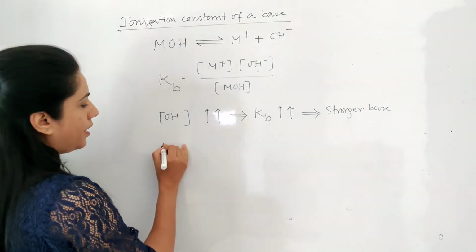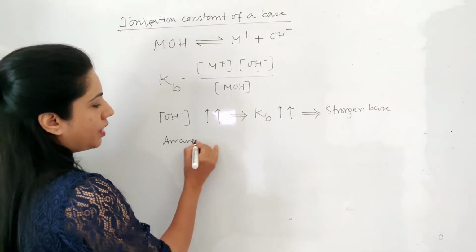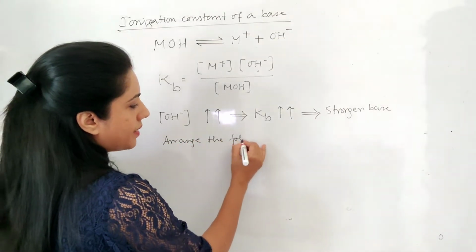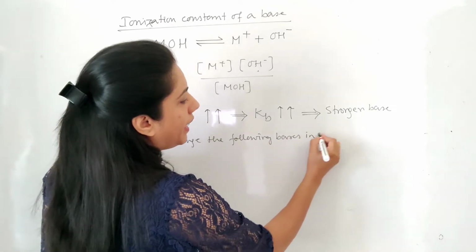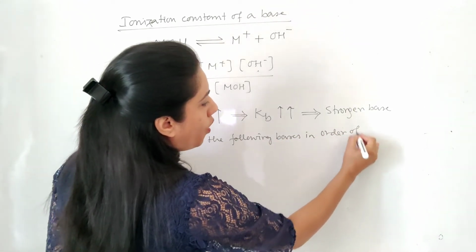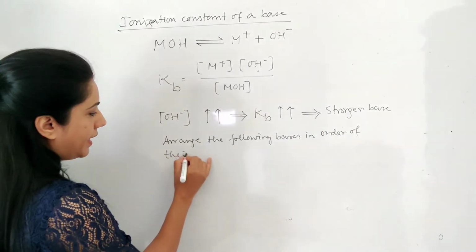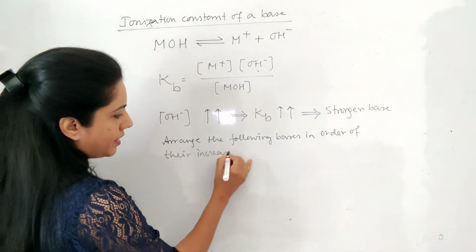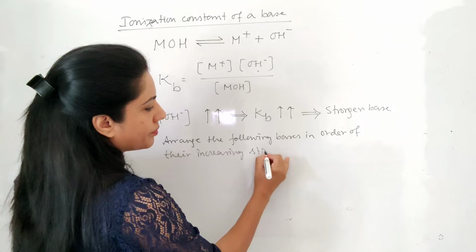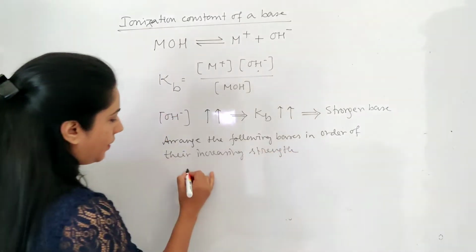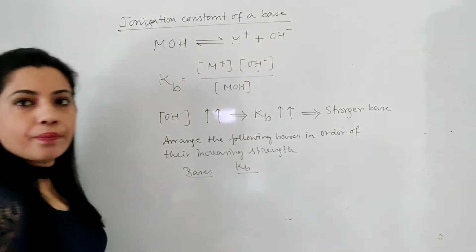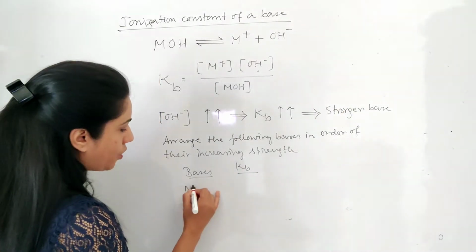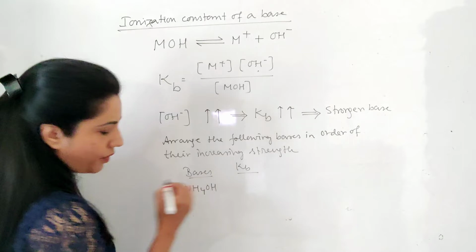Say you have to arrange the following bases in order of their increasing strength. You have been given here some bases and their Kb values. The first base is NH4OH, ammonium hydroxide.